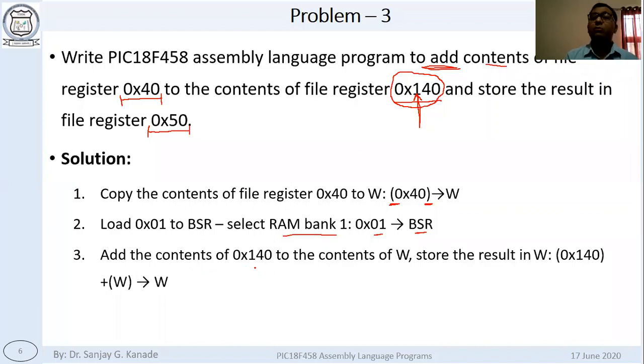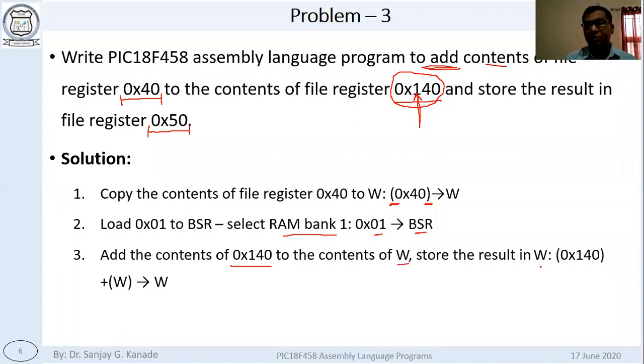Instruction will be the same, ADDWF will be the instruction, but the mode of the instruction will be BSR mode.